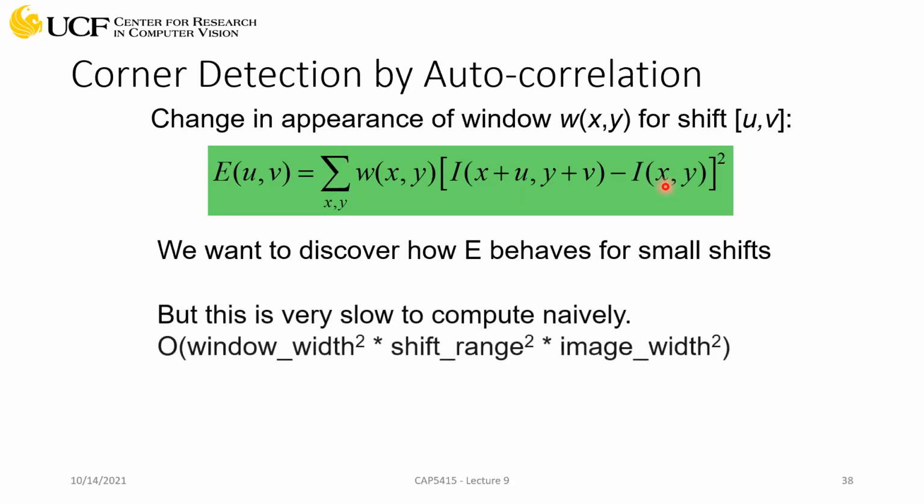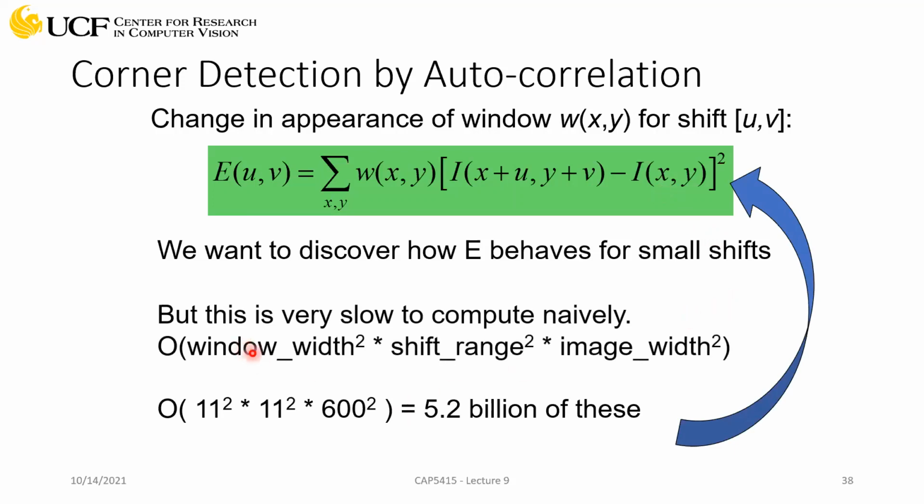So if you just do the computation, your window width, and this is the shift, and this is the image width. If you're using an 11 cross 11 kernel and your image size is 600 cross 600, then the number of operations in this equation is roughly 5 billion, which is a lot. So if you want to do this in real time, or at a fast pace, it will be very challenging.